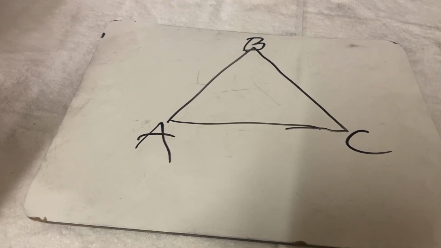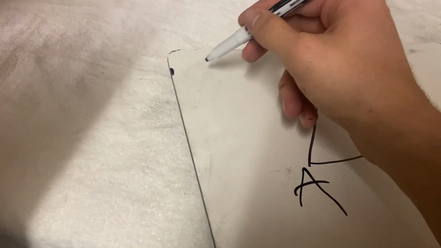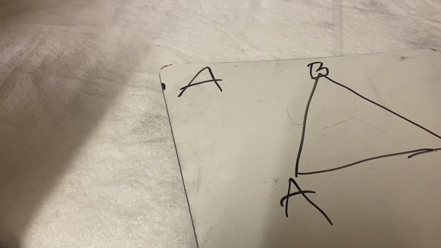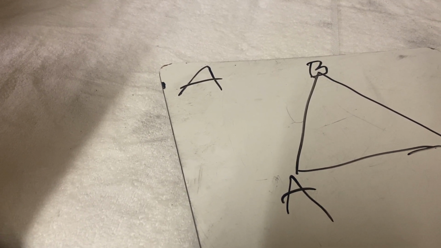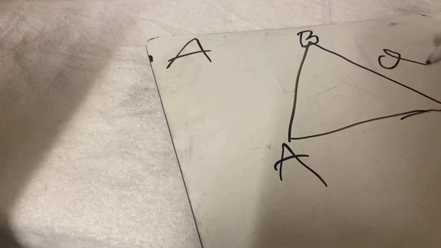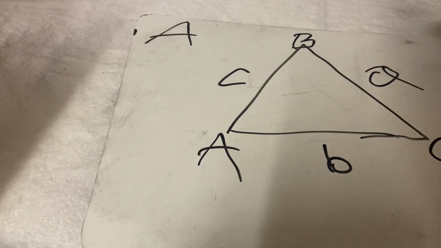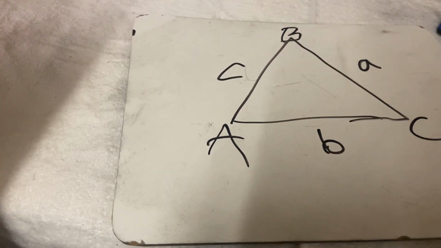So let's start off with our first example. The capital letters are angles, right? And the lowercase letters are side lengths. So this would be A, and they're across from each other, A, B, and then C. Okay?